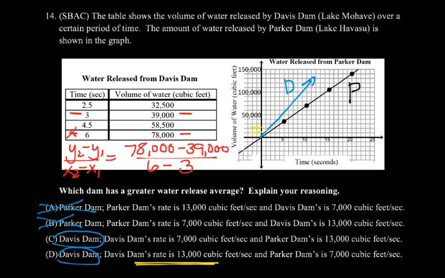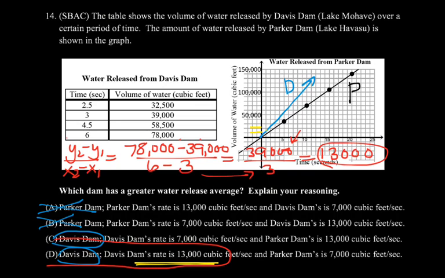Remember, I took the first of my y's minus my second y, and first x minus my second x. So 78,000 minus 39,000 is 39,000. 6 minus 3 is 3. When I simplify that down, I end up with 13,000, which is D. That is correct.